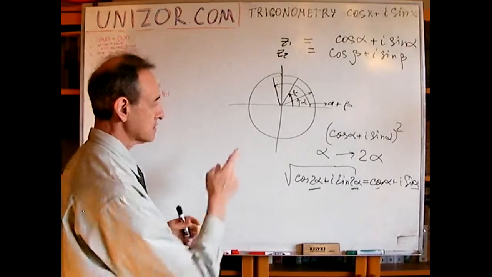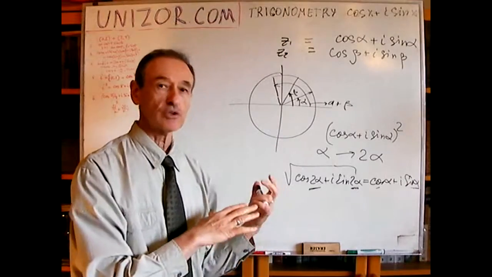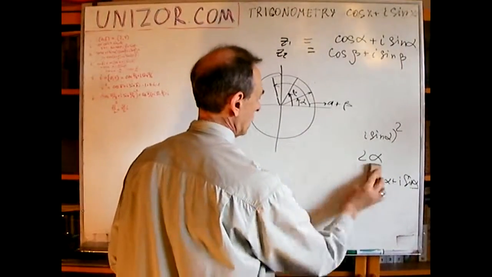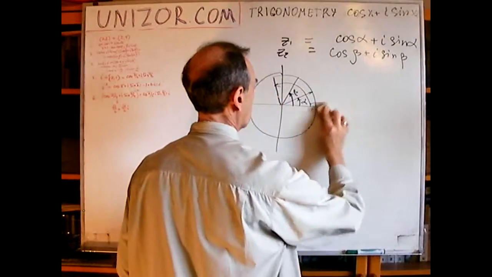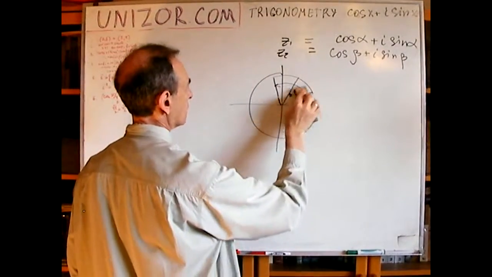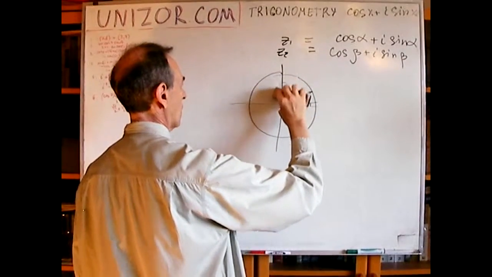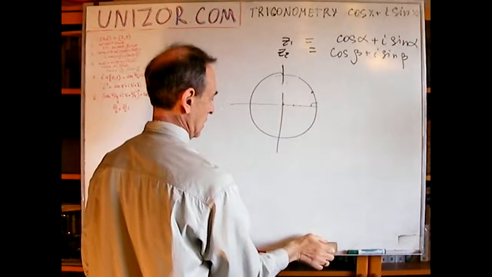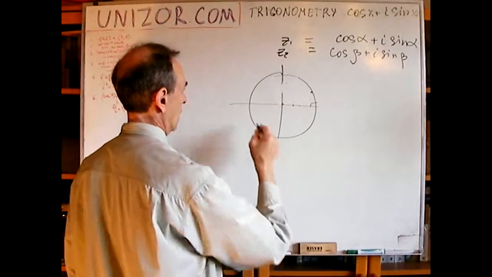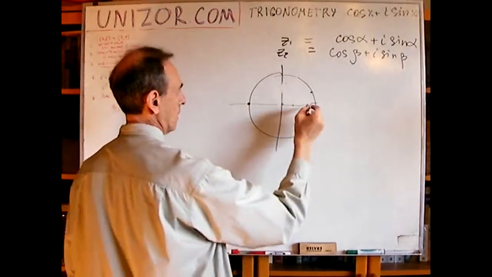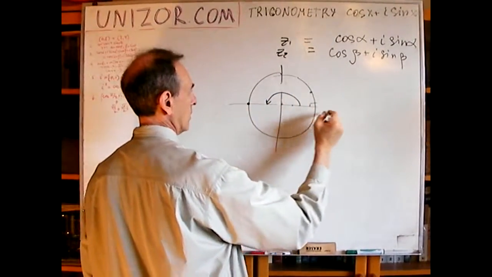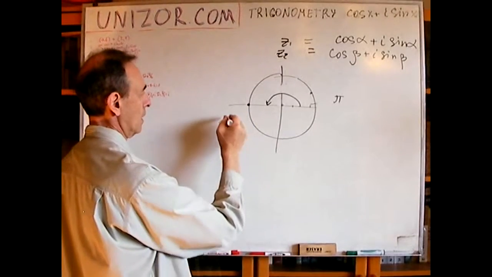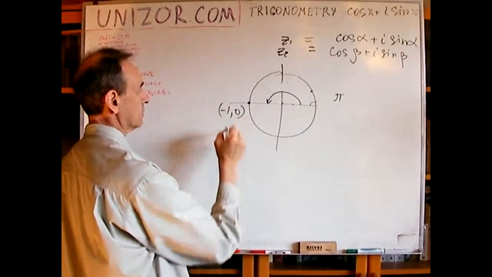What does it mean in this particular case? I would like actually to use it for one interesting purpose. Let's say I start with angle pi. Now, what's the coordinate of this point? -1, 0, right?